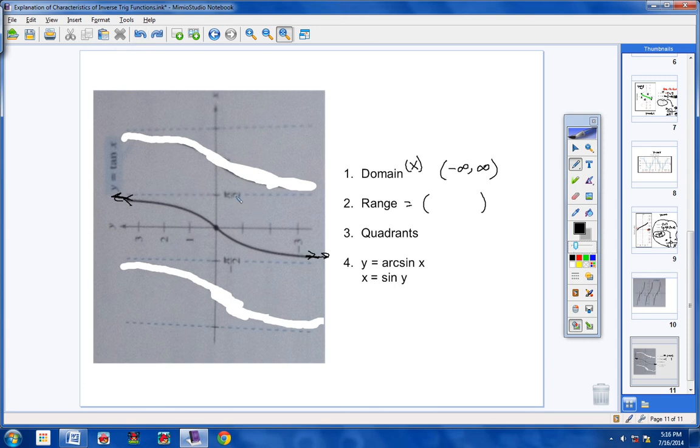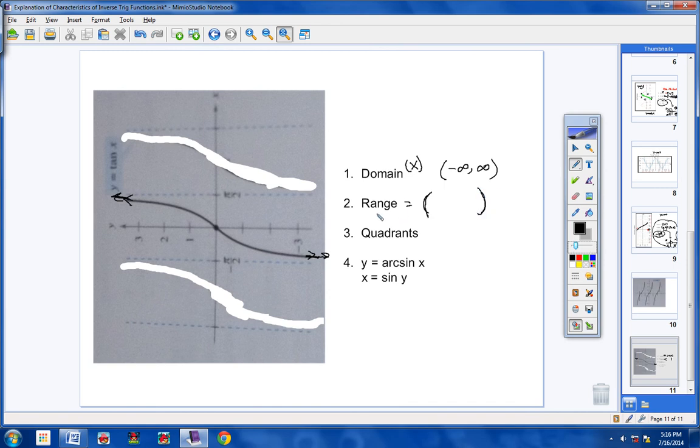So pi over 2 is non-inclusive. It's not part of the graph. Same thing with this. The graph as it goes down is getting closer and closer to negative pi over 2, but it's never touching this line. Thus, negative pi over 2 is non-inclusive. It's not part of your graph. So because it's not part of your graph, you use parentheses, not brackets, okay?